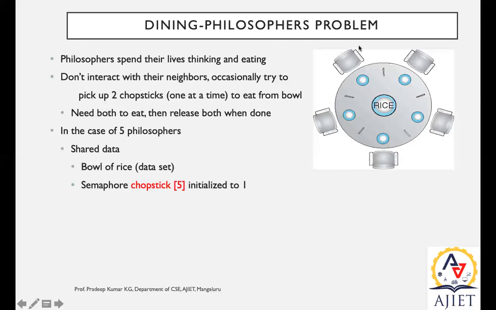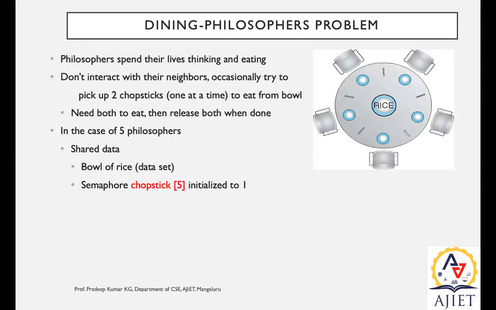In general, occasionally they may try to pick up the 2 chopsticks, one at a time, one in the right hand, another in the left hand, and eat from the bowl. But they are supposed to pick one at a time, and they need both, left and right, 2 chopsticks, to eat.